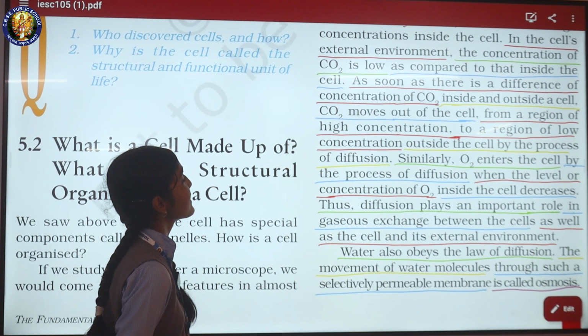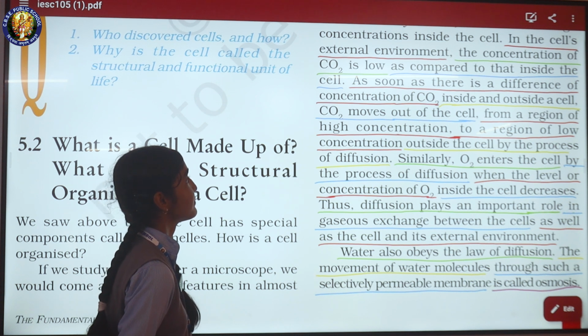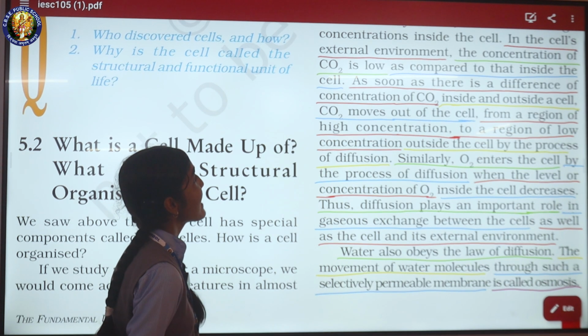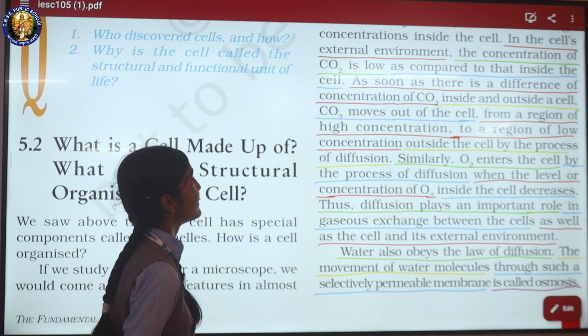In the cell's external environment, the concentration of CO2 is low as compared to that inside the cell.